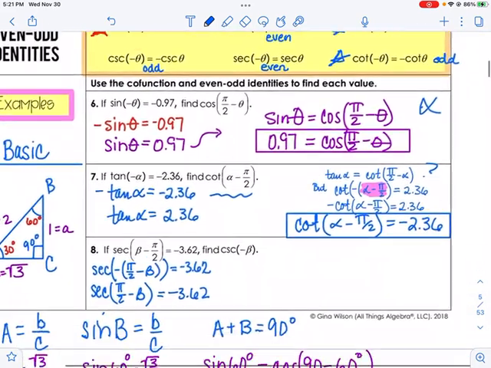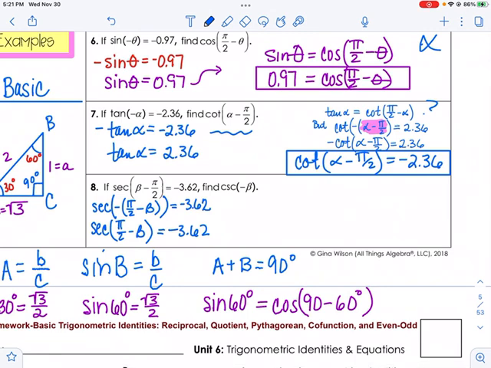So when I come down here, then I'm going to think to myself, all right, what do I know so far? I know that the secant of pi over 2 minus beta is equal to negative 3.62, right?